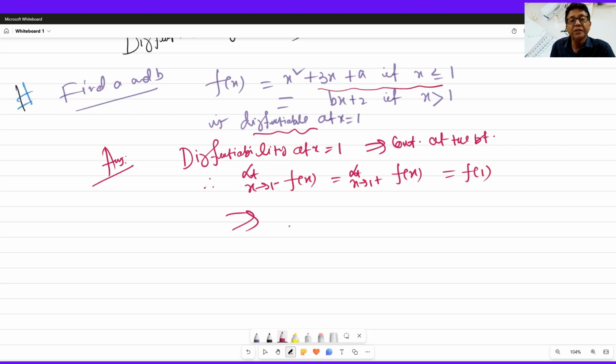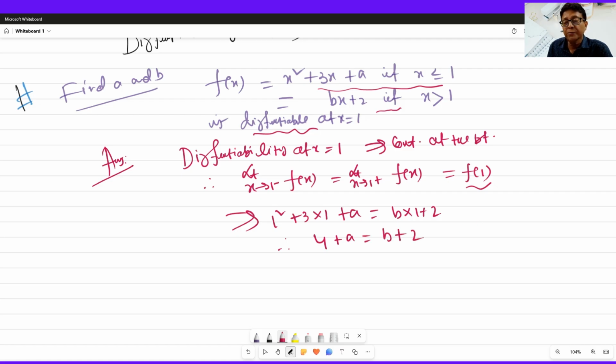This part: 1 squared minus 3 into 1 plus a. For 1 plus, this part: b into 1 plus 2. This part you don't take, we have already used. So 4 plus a equals b plus 2. Therefore, one condition we got by using continuity only.